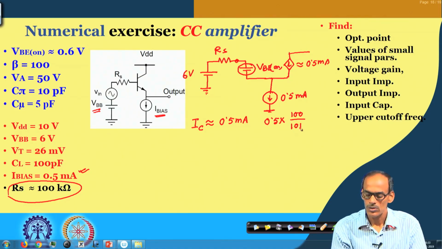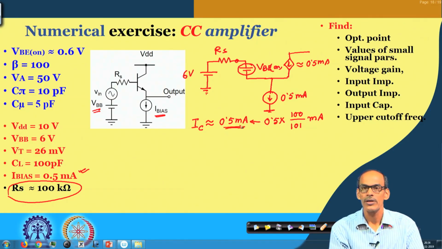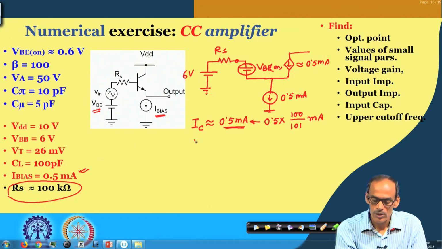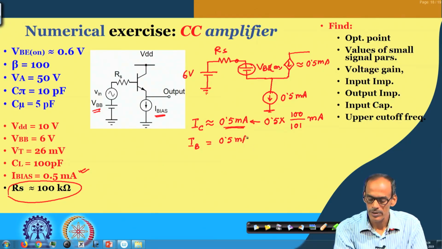But it can be well approximated by 0.5 milliampere, which gives us the base terminal current: 0.5 milliampere divided by beta, that is 100 again. So, this is equal to 5 microampere.